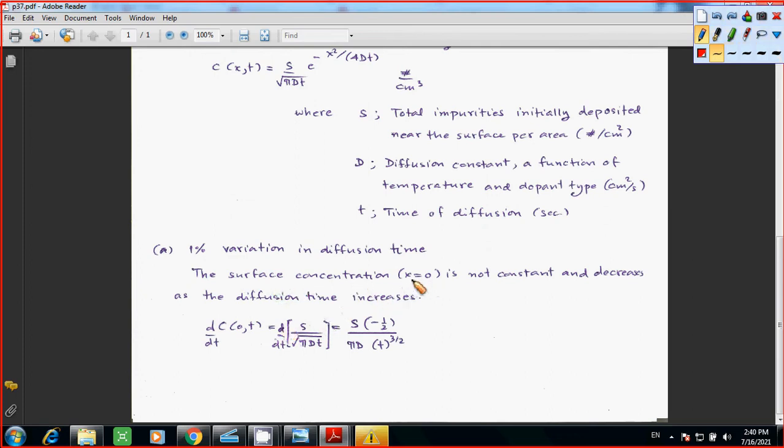So you just set x equal to 0, so you don't have an exponential term. You simply have C equal to S over square root pi Dt, and you do a derivative, and that gives you this expression.